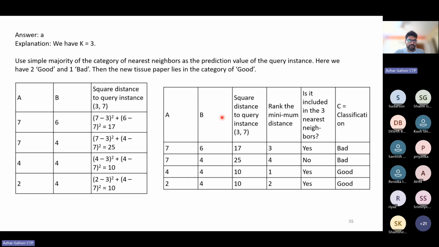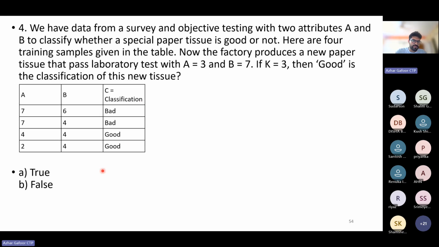So this is how we will do it. This is our table. What we have to do is find the distance function, right? So let's try to draw it.